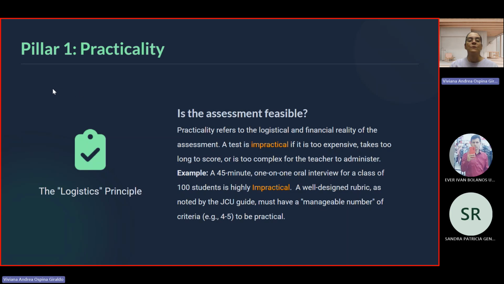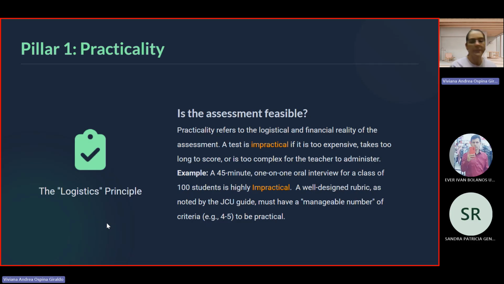First of all, we are going to talk about practicality. In the assessment, is this assessment feasible? I mean, is this assessment doable? Is it going to give me correct results?